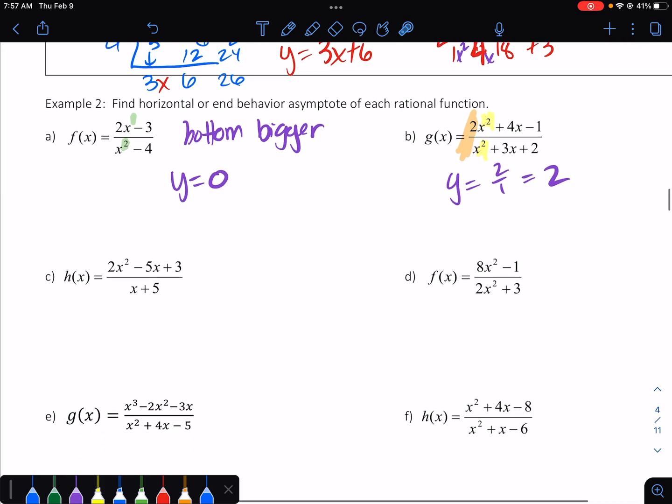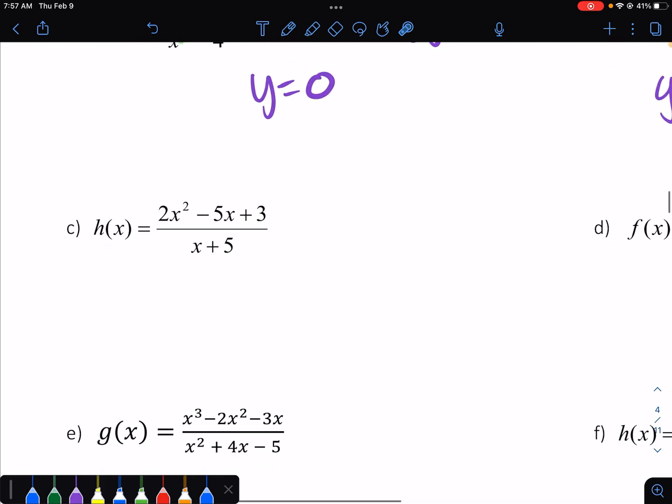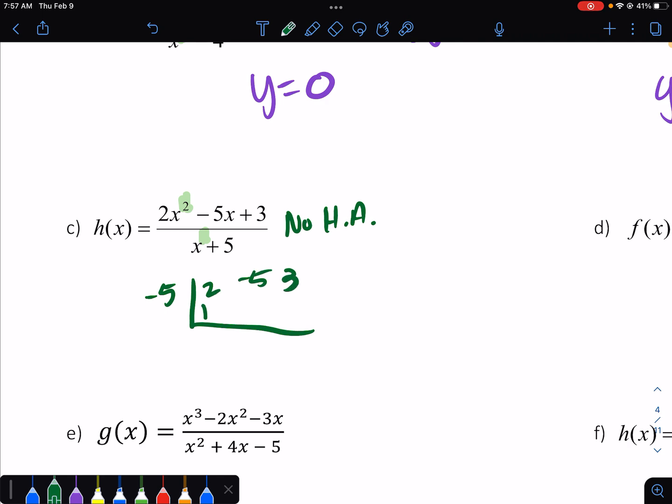Okay. So if we look at this one, the degree on top is 2, and then our degree on bottom is 1. So the top is bigger, so there's no horizontal asymptote, but there is an end behavior asymptote. So I'm going to synthetically divide. So I have 2, -5, 3.